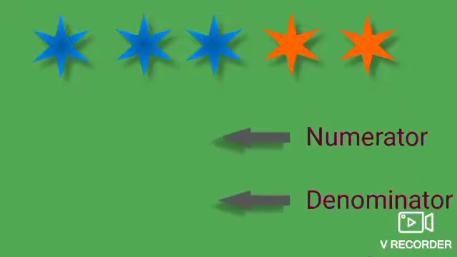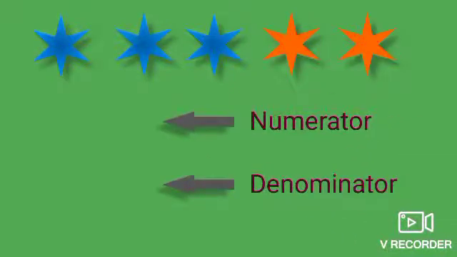Again suppose this is a 5 star that is in blue color. If I am going to color 2 out of this 5 star, I have colored only 2 stars in orange color. So how are you going to write numerator and denominator? You have to think what is numerator and denominator. As you know, numerator means above the line and denominator means below the line.